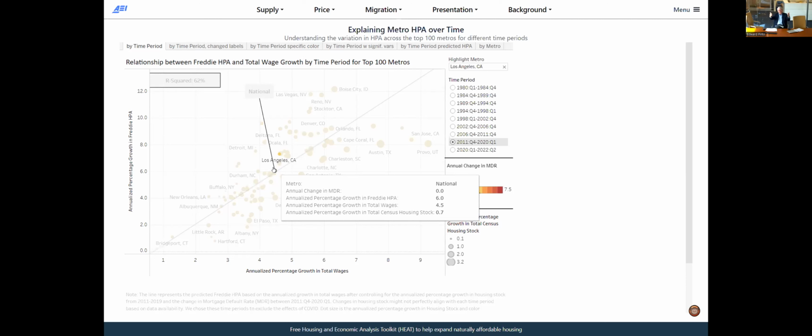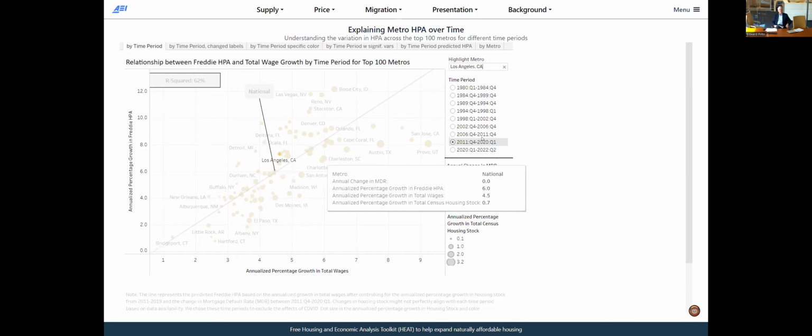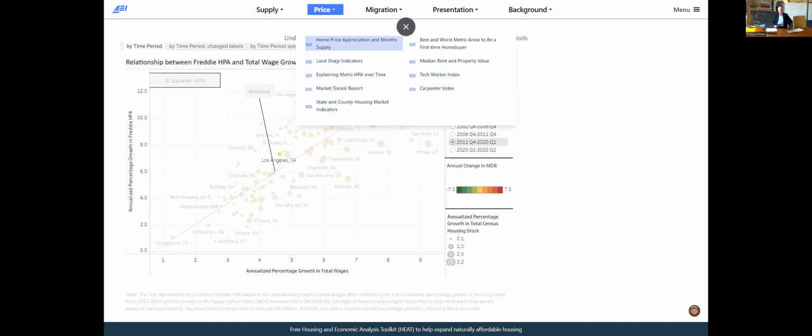So LA was subpar on its new construction. And so during this period, LA had more rapid house price appreciation than would be expected, which is the trend line, because it had pretty low new construction. We're now going to shift to the next tool, Market Trends Report.